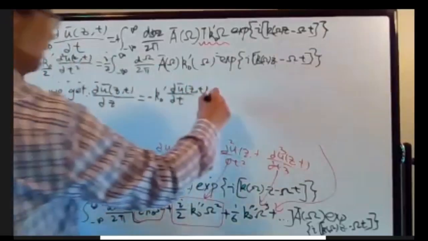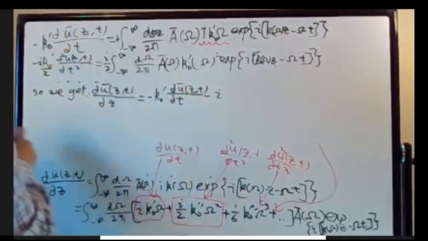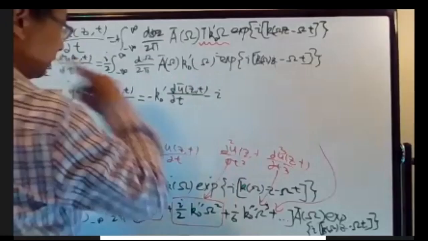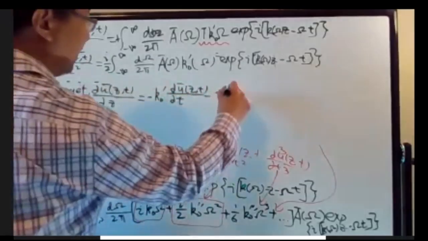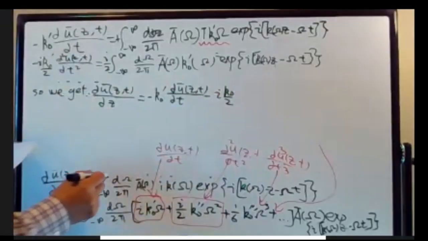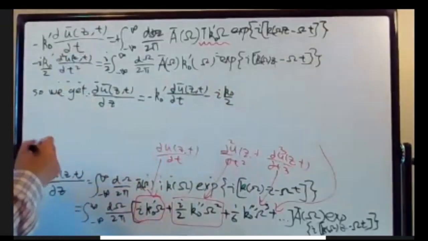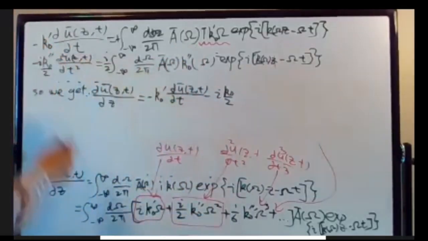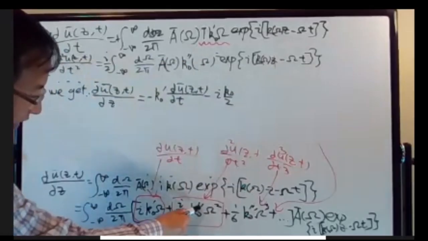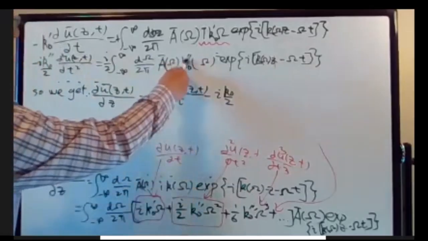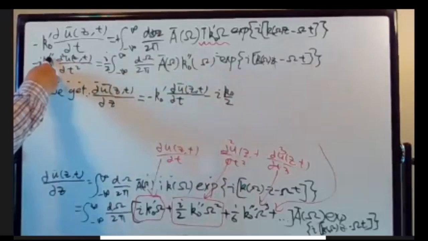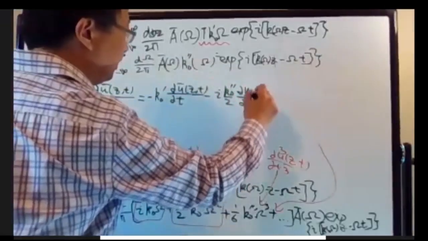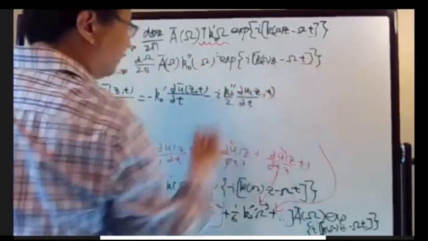Second term minus i, partial term minus i, and then we have k naught over 2, but this should be double prime, right? So double prime. I actually missed that. This should be double prime. So double prime partial u partial t of z,t, right?